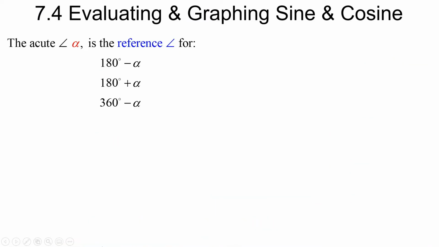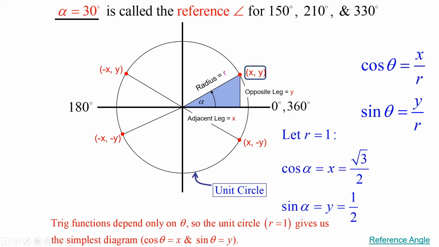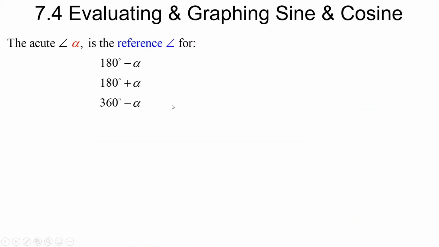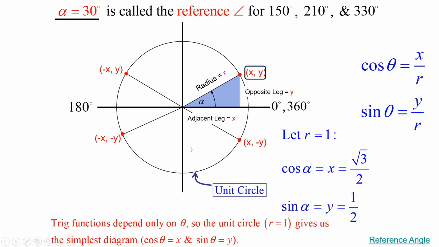Okay, so the acute angle alpha is the reference angle for 180 minus alpha, 180 plus alpha, and 360 minus alpha, just like we saw in this diagram right here with the 150 degrees, the 210 degrees, and the 330 degrees. And we could keep doing complete rotations in either direction over and over again.